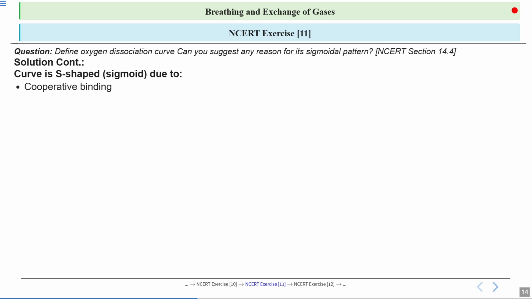At which organ is the oxygen binding with the hemoglobin? Alveoli. Correct, absolutely correct. This binding is occurring at the alveoli region.